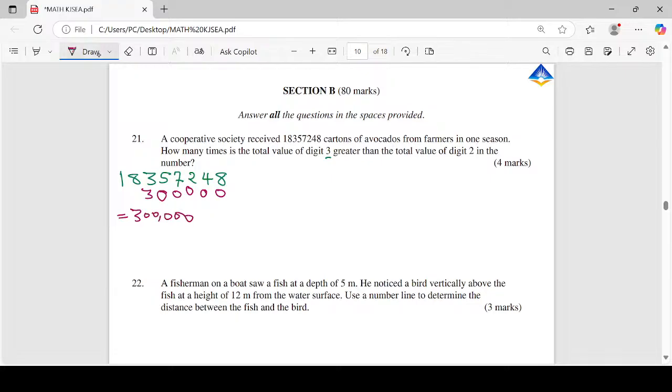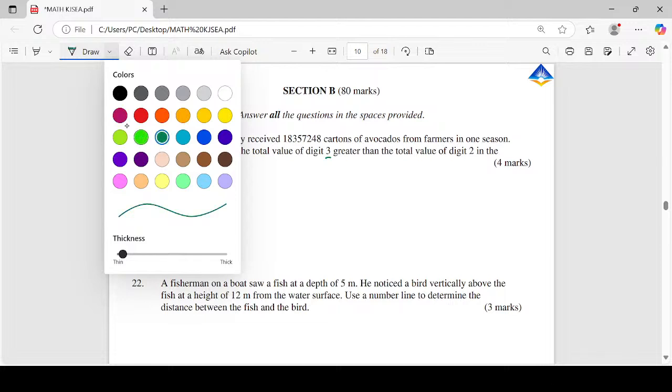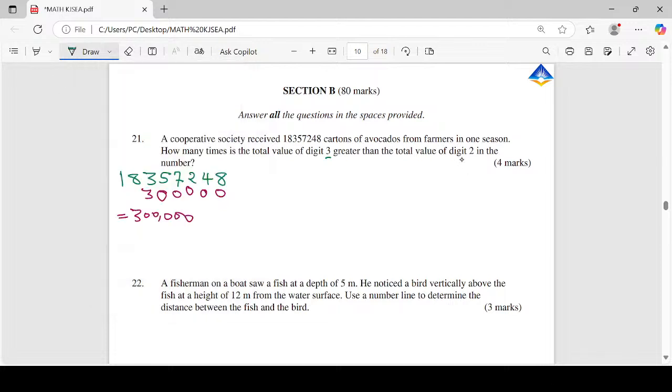I want to get the total value of digit 2 in the number 18,357,248.